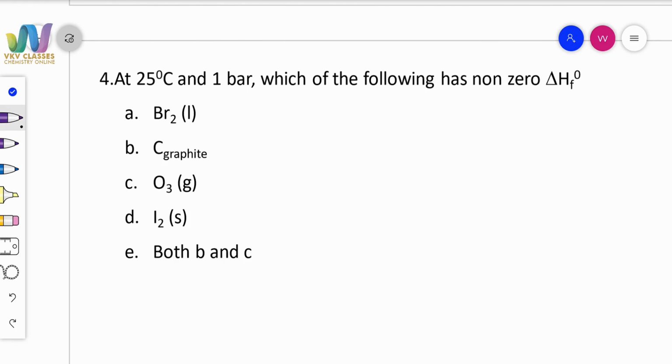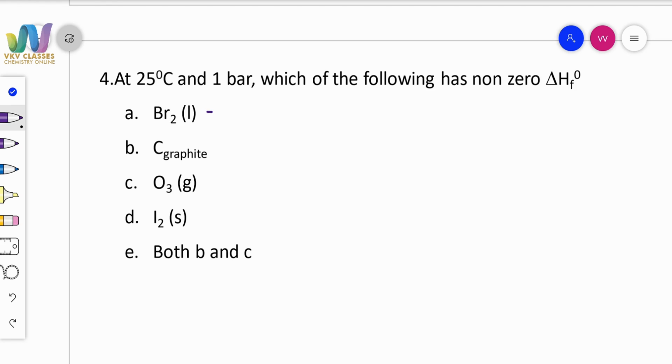At 25 degrees Celsius and 1 bar pressure, which of the following has non-zero delta H of formation? In thermodynamics, according to the convention, the standard enthalpy of formation of all elements in the standard state is equal to 0.